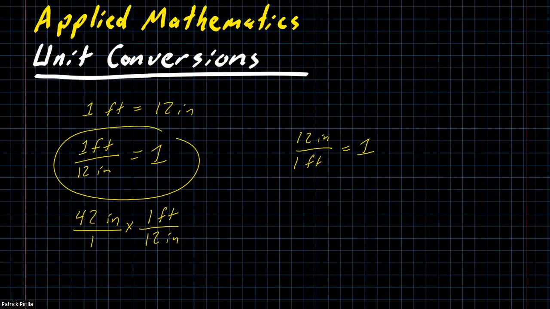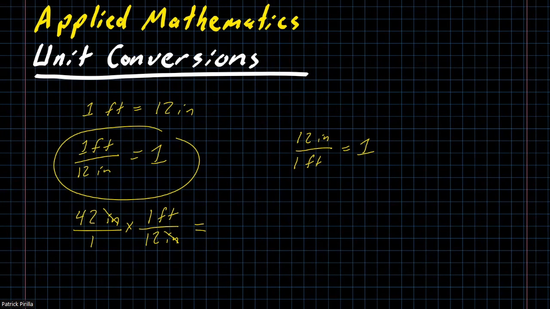When we are multiplying fractions, we've learned that we can look for common factors between the numerator of one and the denominator of another. In this case, I'm going to treat the unit of inches as a factor and cancel out the inches in the numerator with the inches in the denominator.